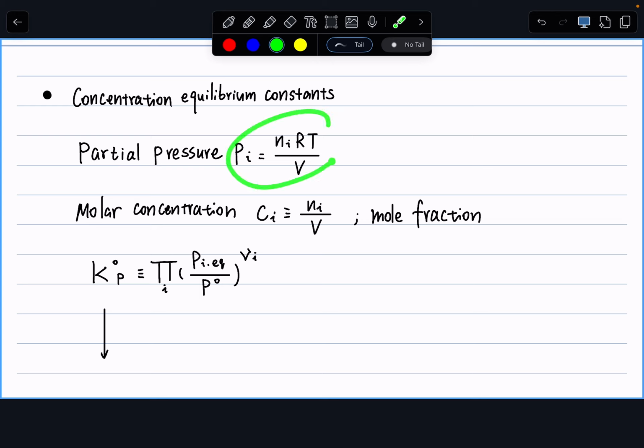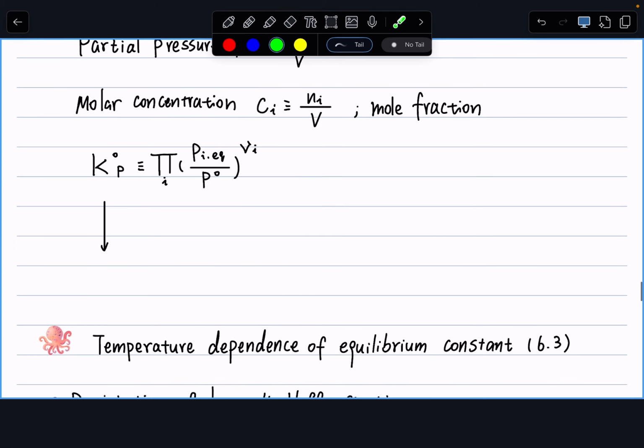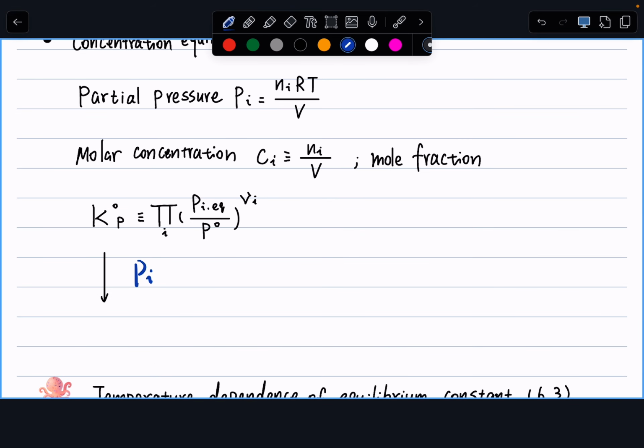For partial pressure, we defined Pi equals Ni RT over V for ideal gas mixtures. And if we're looking at molar concentration, your concentration Ci is defined as the number of moles of your species i over the total volume. So that means we can rewrite this using the fact that Pi equals Ci RT.